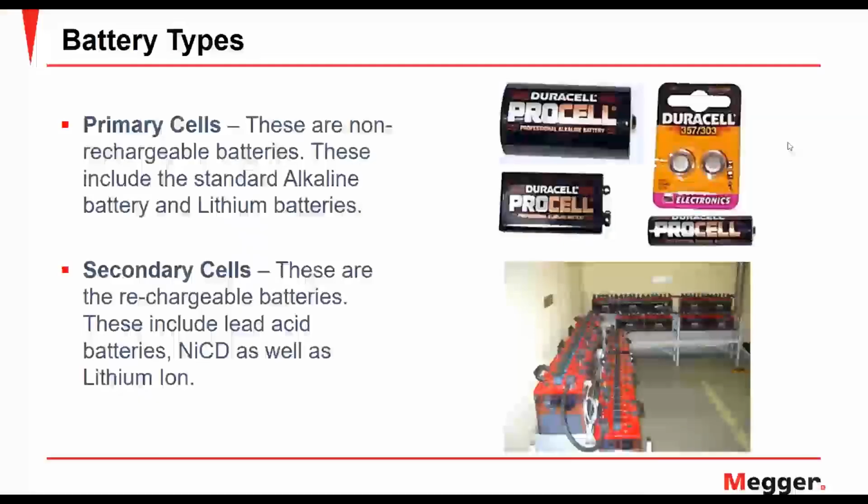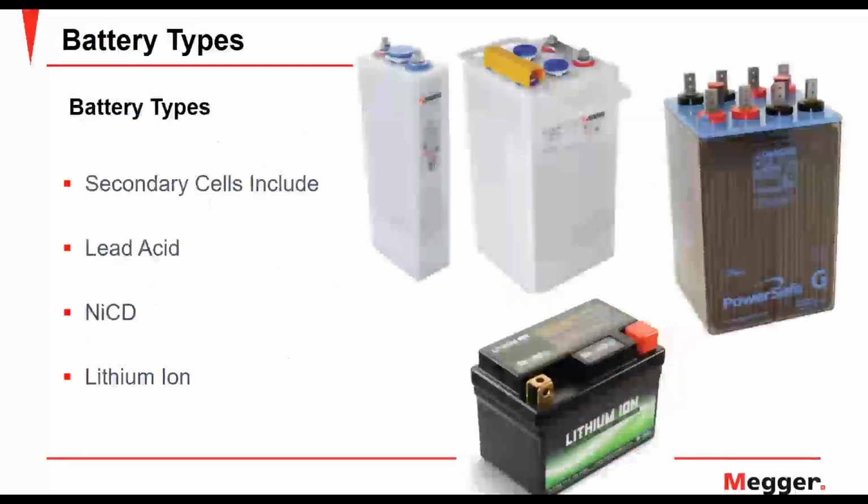Our presentation and webinar today will mainly focus on the secondary cells, since these are the ones we utilize over a long period of time. I will talk about their types, applications, the failure modes that we see in them, and then extensively on their testing. Starting with secondary cells, they include a lot of types, but we mainly focus on 3 types since they are the majority available in the market.